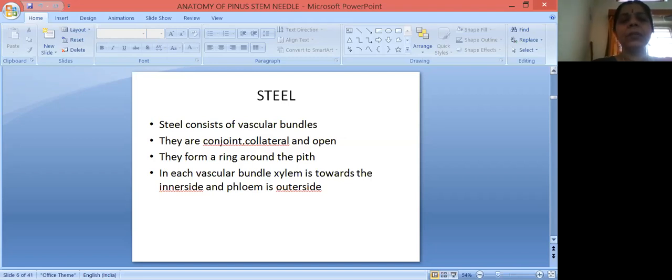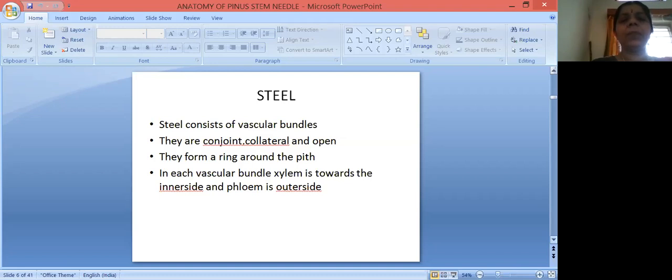Here, the vascular bundles are composed of xylem and phloem. The vascular bundles are arranged in a ring, in limited number in the young stem, which surround the pith in the center.